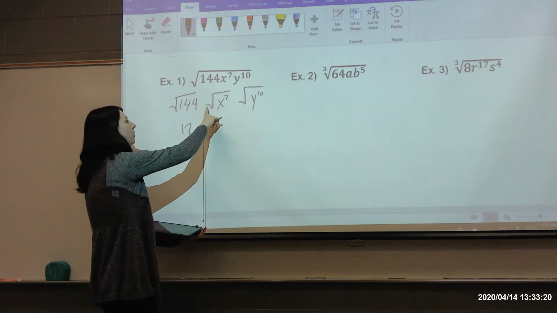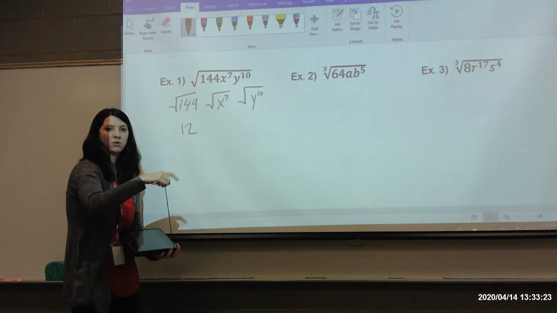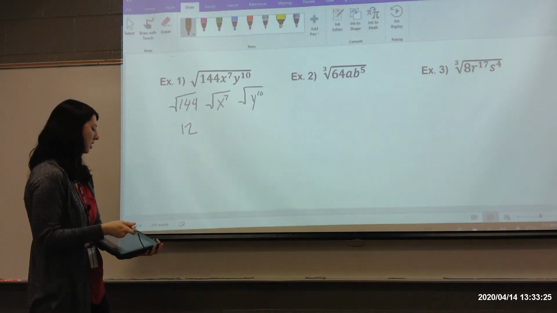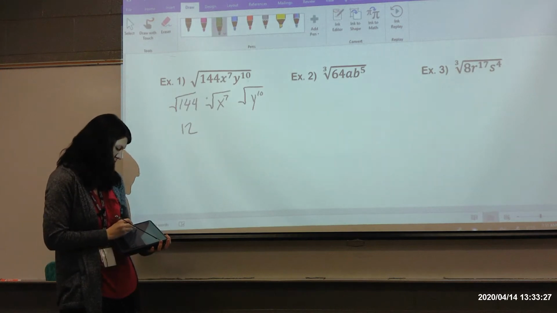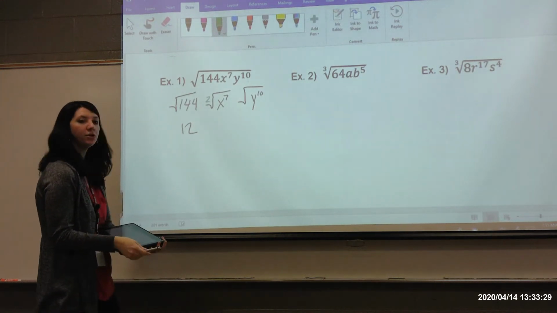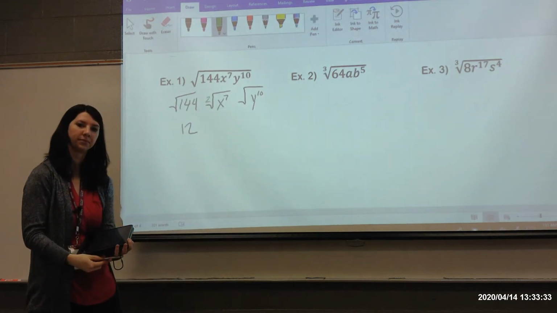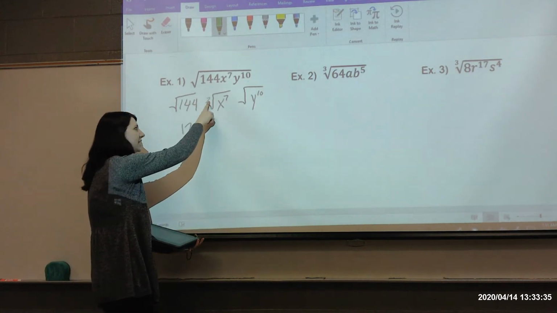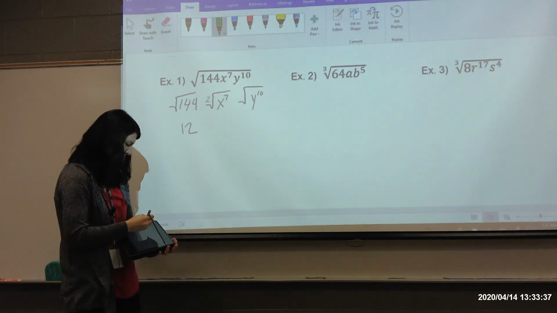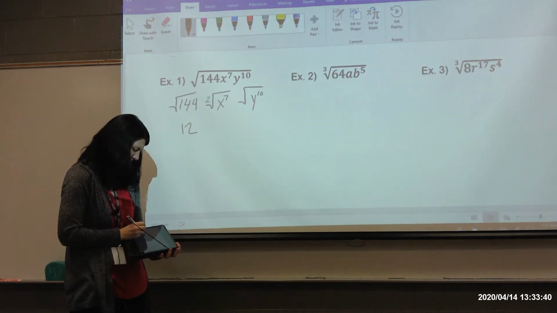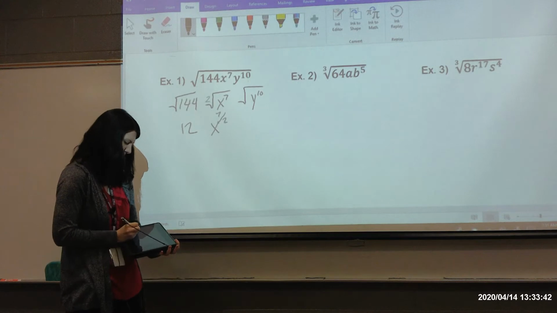All right, the square root of x to the 7th, I want to convert to exponential form so that we can simplify it. Remember, this has an understood index of 2. So how would you write the square root of x to the 7th in exponential form? The index is your denominator. So when I write that exponent, it's going to be x to the 7 over 2.